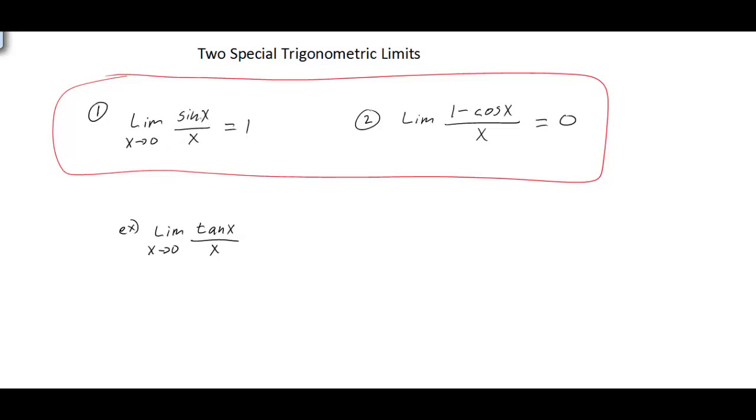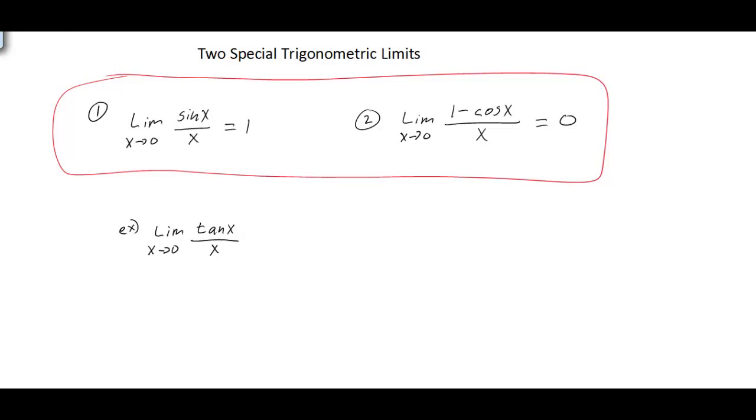But here, if you just memorize that the limit of sine x over x as x approaches 0 is always going to be 1. And the second one is the limit of 1 minus cosine x over x as x approaches 0, and that limit is going to be 0.